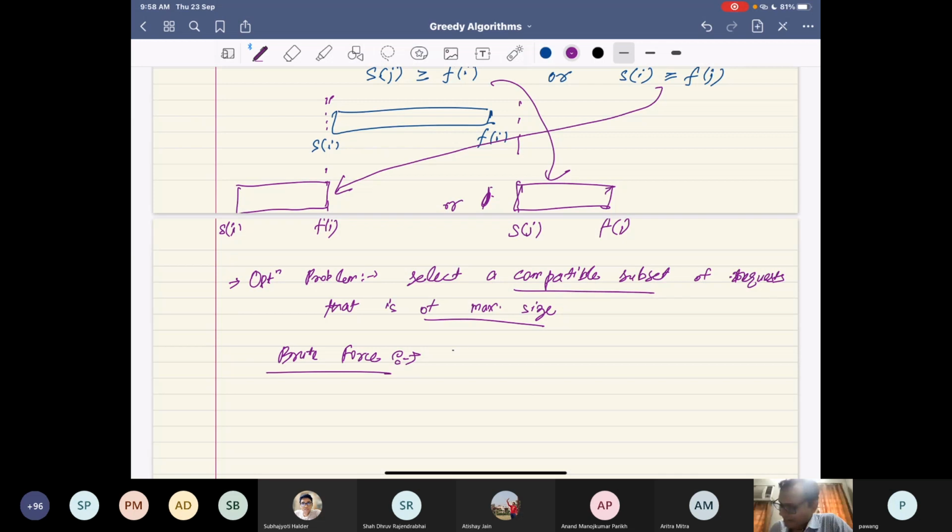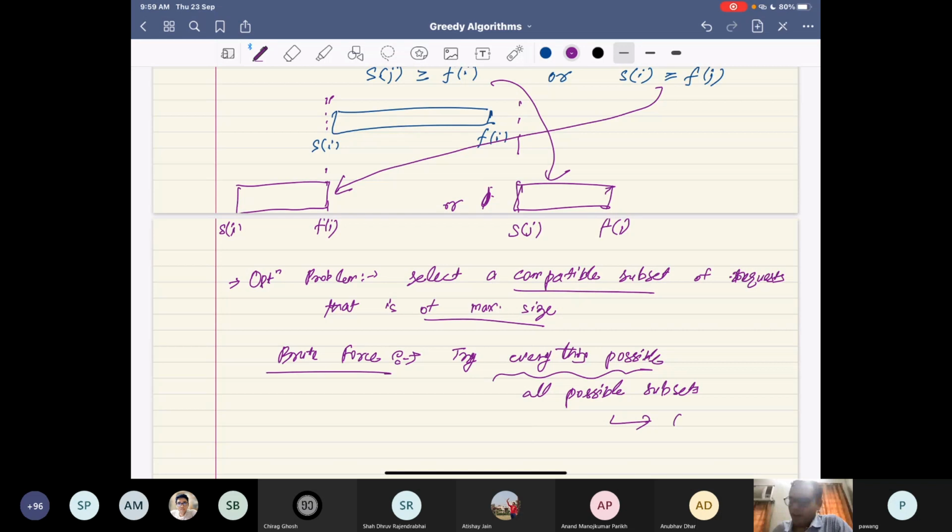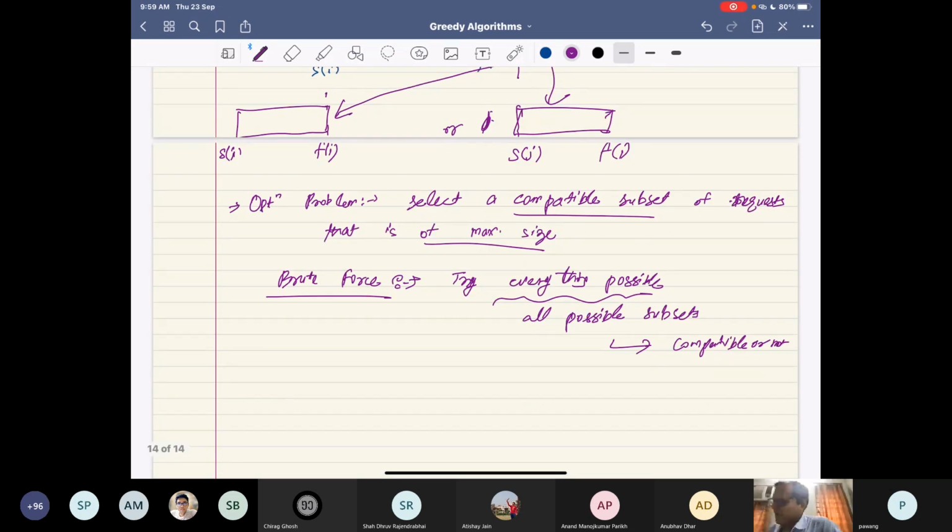Brute force means try everything possible and see which one is the best. What do you mean by everything possible? All possible subsets, and for each subset, check whether they are compatible or not. If they are compatible, find out which of them gives you the maximum size.